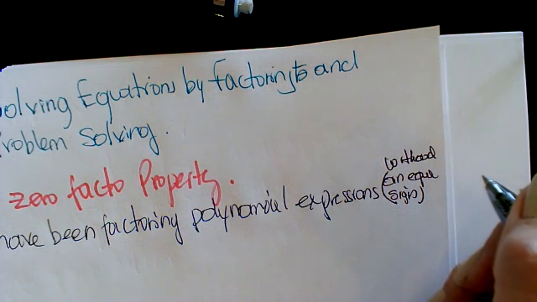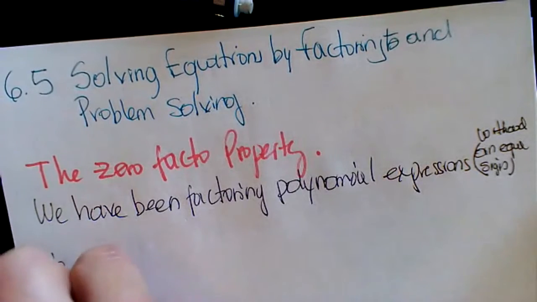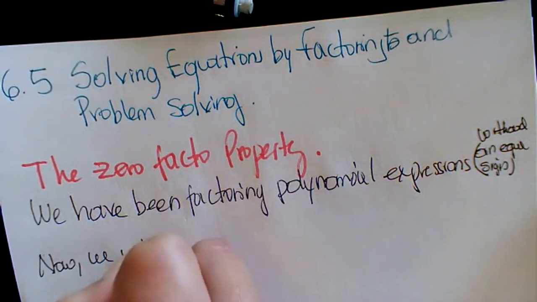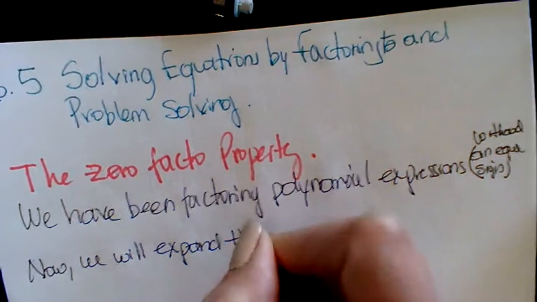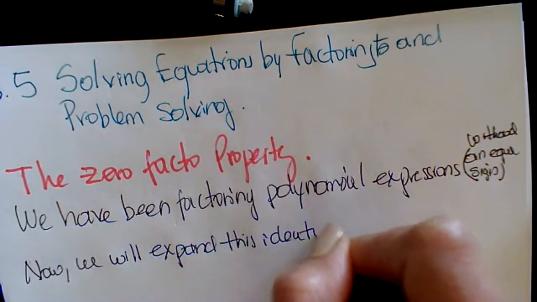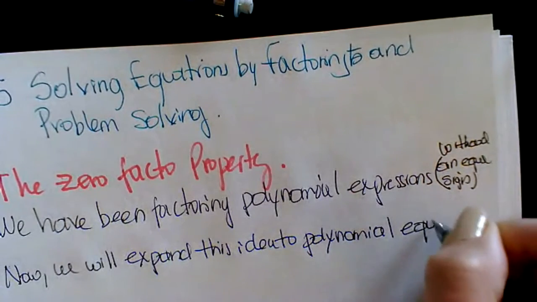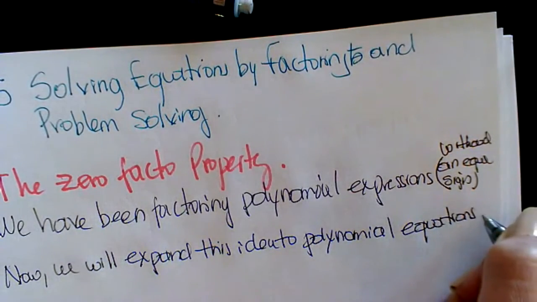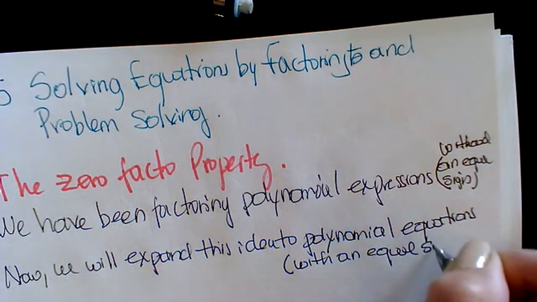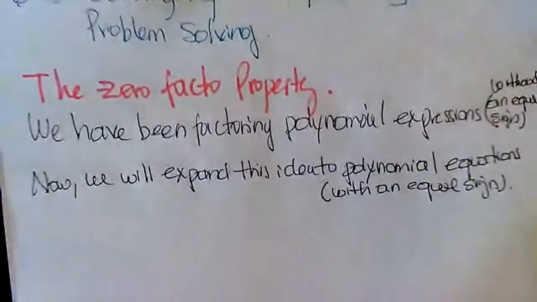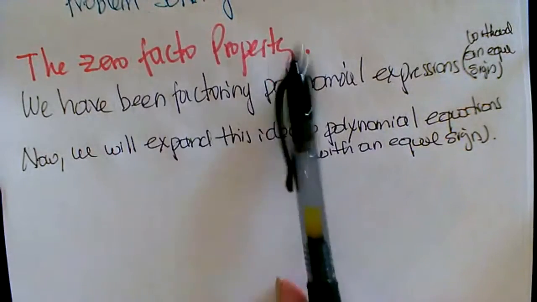And now we will expand this idea to polynomial equations, meaning with an equal sign. Okay? So let's do the zero factor property.